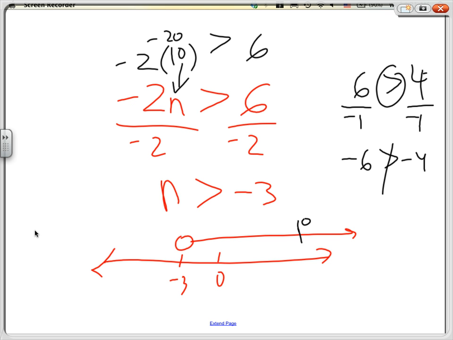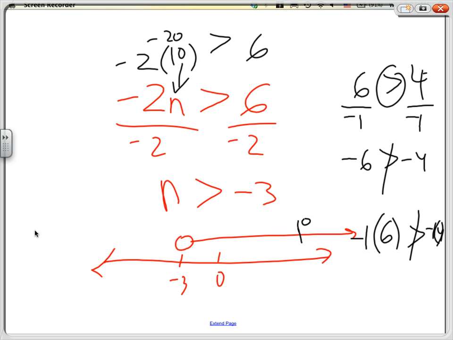So what does it mean when you divide by a negative? Or in other words, if I do the same thing with multiplication, will that be true as well? It will be false as well, right? You see it? So what does it mean when we divide or multiply by a negative value? What do we need to do? Yes, we switch the sign to make it true again. Because when we divide by a negative, we actually flip the entire problem around.